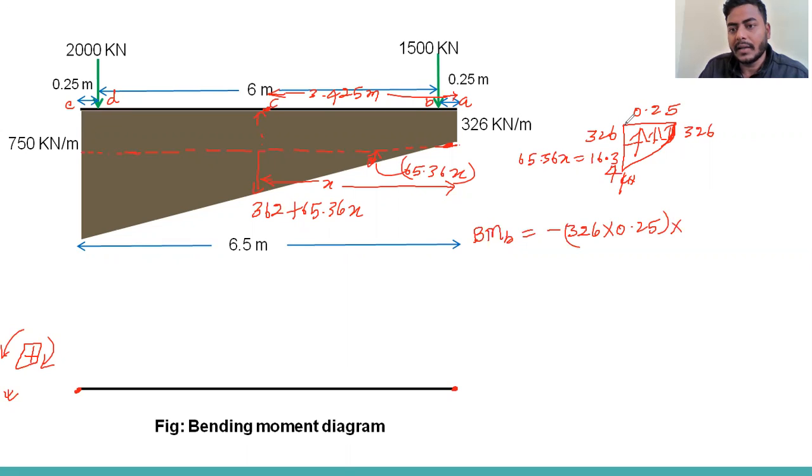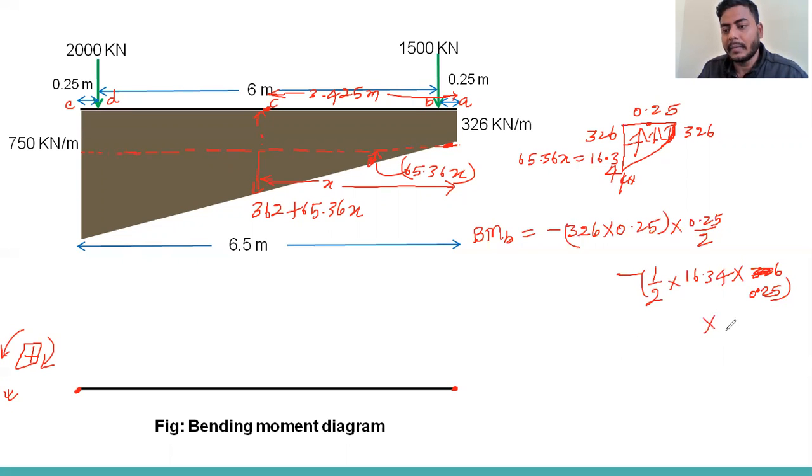So center will be here, so that will be 0.25 divided by 2, minus. Now we can go for the triangle. So half into, first calculate the area, 16.34 into 0.25. Okay, so this is the area.